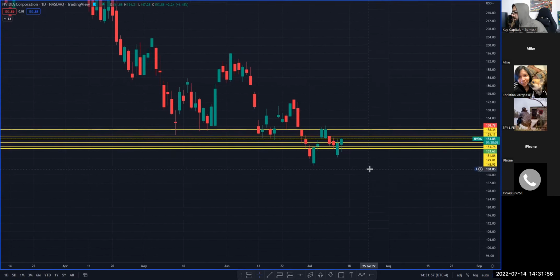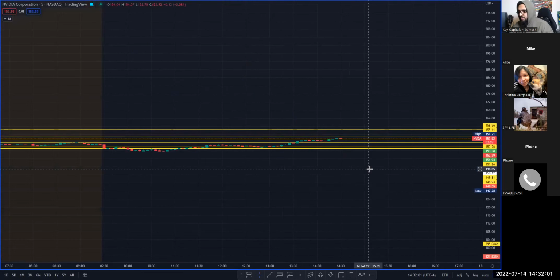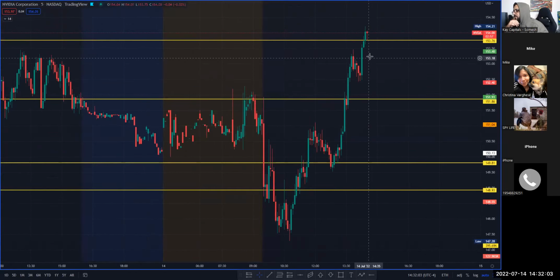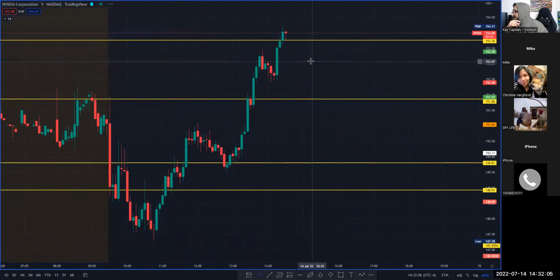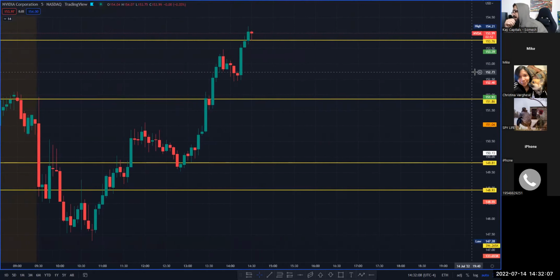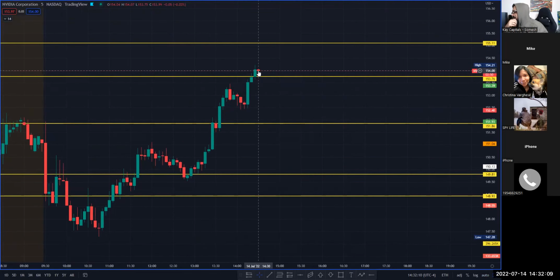So how can we trade this towards the end of the day, right? You do this pretty much on any name. This is the hourly level right now. What's going on? We broke the level and we're coming back to retest it, right?